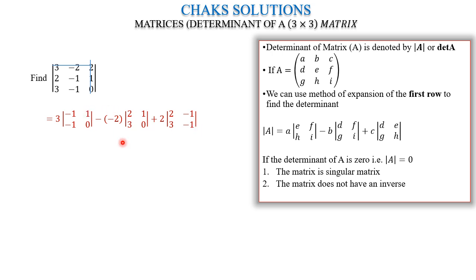The next thing is to find the determinant of each part and multiply with the corresponding element. This gives us 3 times 1 plus 2 times minus 3 plus 2 times 1, so this is minus 1. This is our determinant.